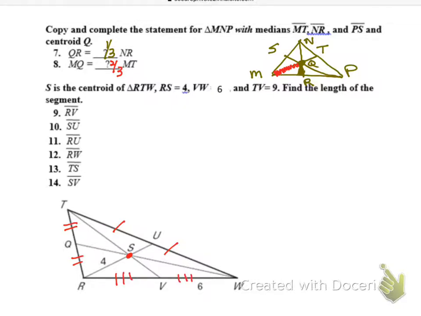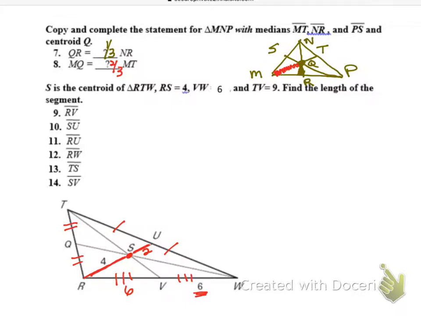Okay, so now, since this is a 6, this has to be a 6. What else do I know? Well, one thing I know is the relationship between this piece right here and this piece is that SU is half of SR. So that's another relationship we can derive. So the whole piece is 6.